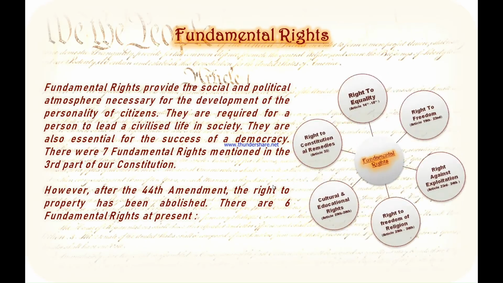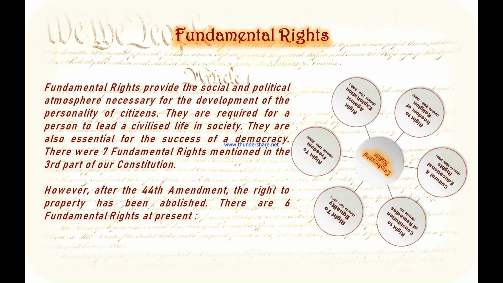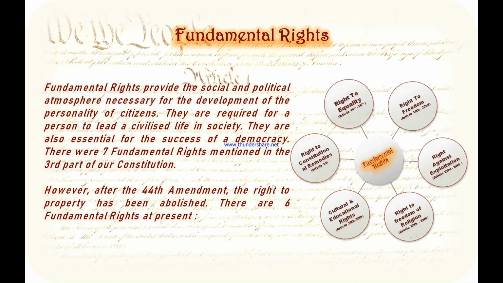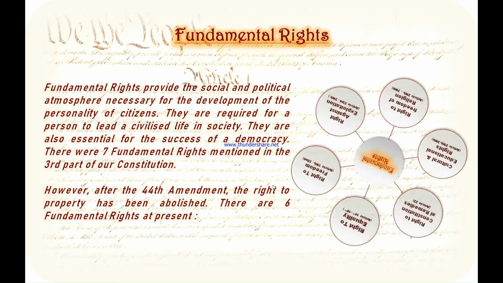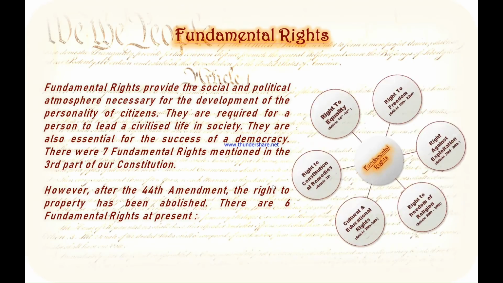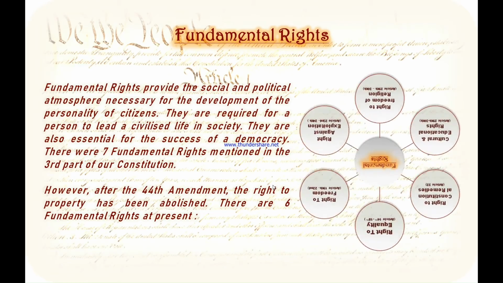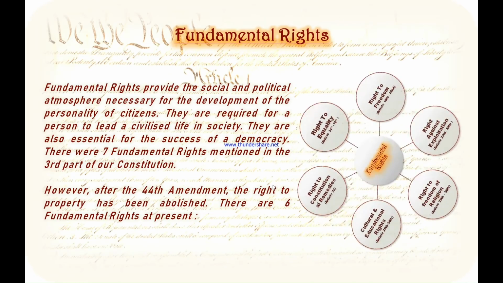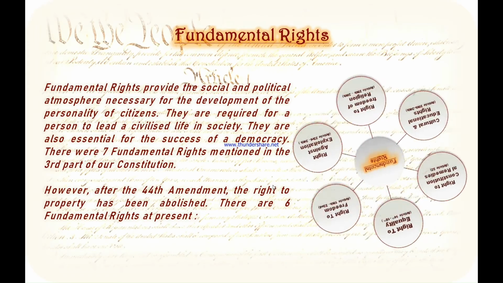They are required for a person to lead a civilized life in society. They are also essential for the success of a democracy. There were 7 fundamental rights mentioned in Part 3 of our Constitution. However, after the 44th Amendment, the right to property has been abolished. Now, there are 6 fundamental rights.